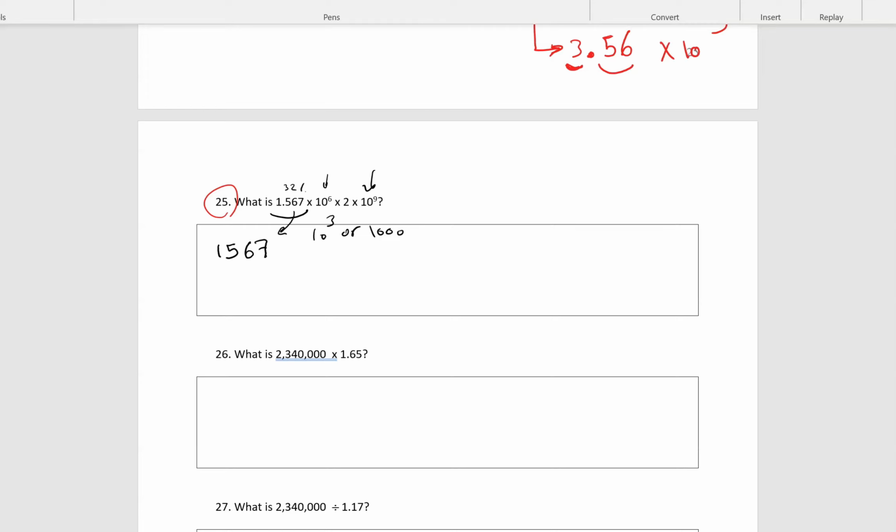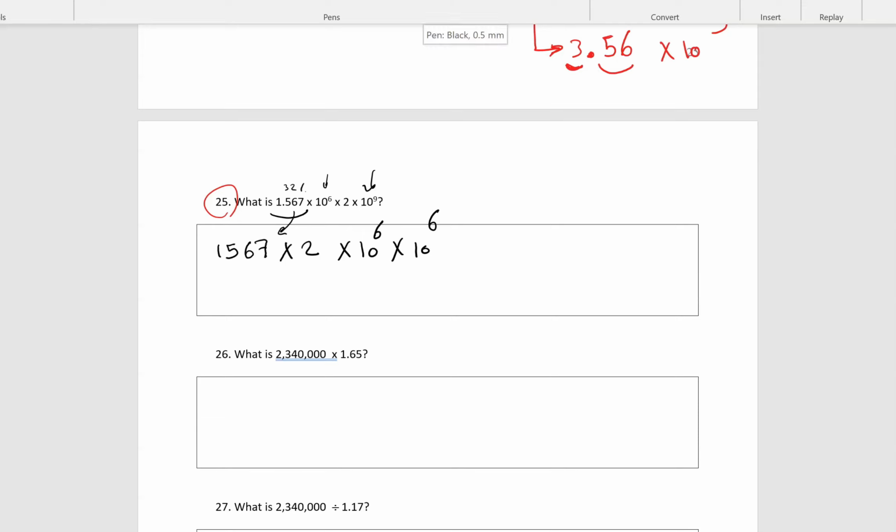I want to get 10 to the power of 3, so I'm getting it from 10 to the power of 9, for example, and then you rewrite all things. 10 to the power of 6, 10 to the power of 6.